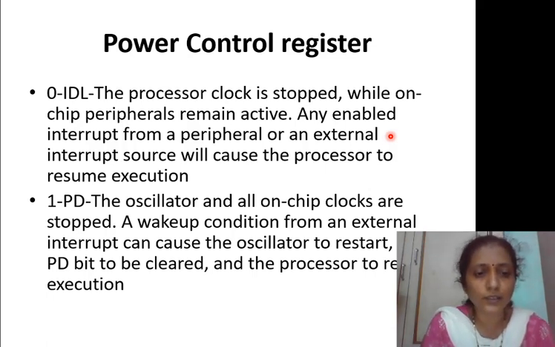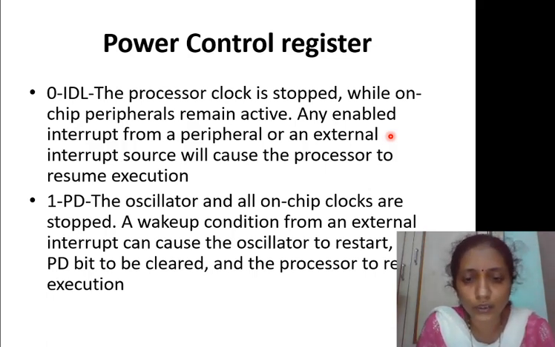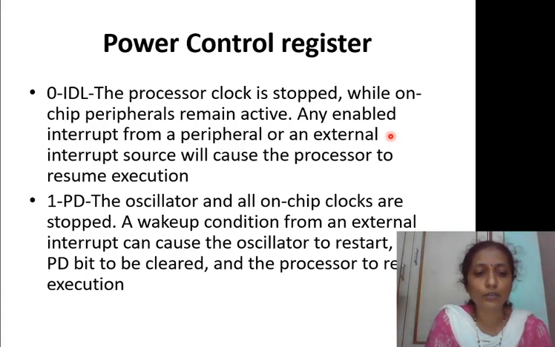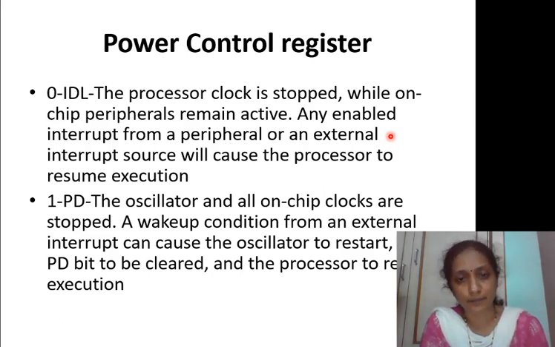The other one is power down. The oscillator and all on-chip clocks are stopped. A wake-up condition from an external interrupt can cause the oscillator to restart, the PD bit to be cleared, and the processor to resume the execution. Okay, in the first case, only the processor clock is stopped and peripherals are working there.